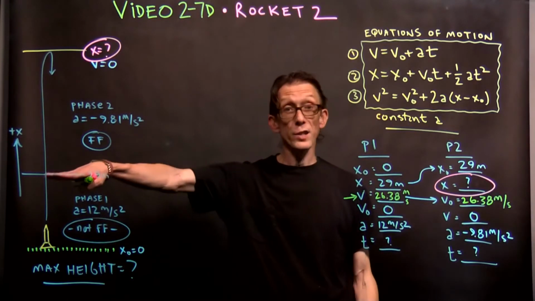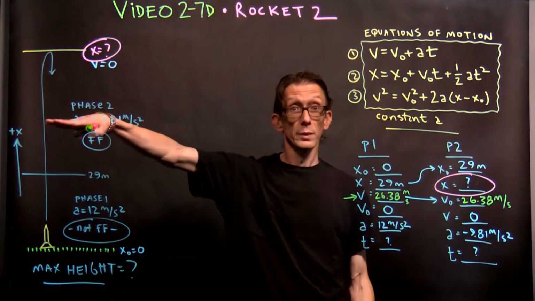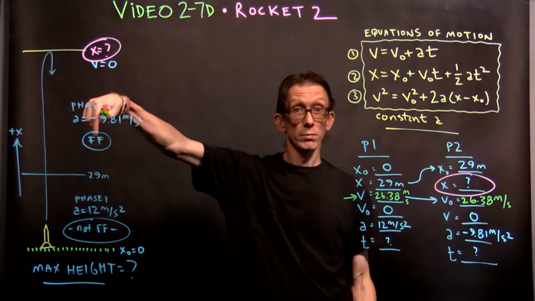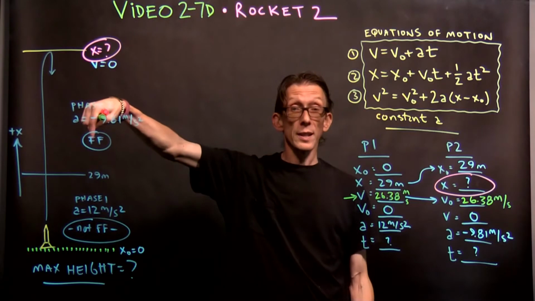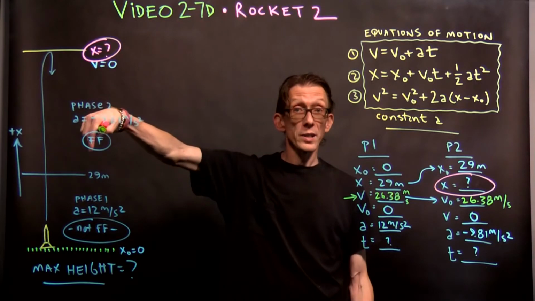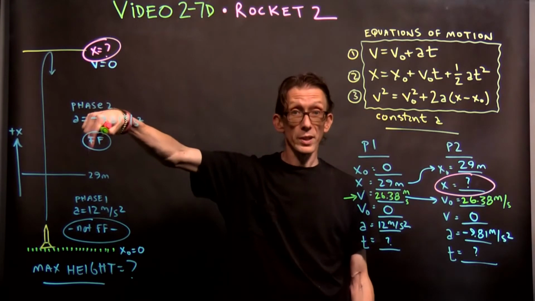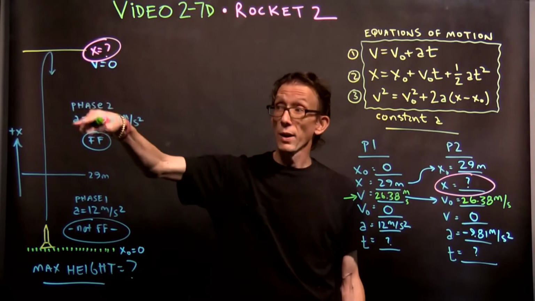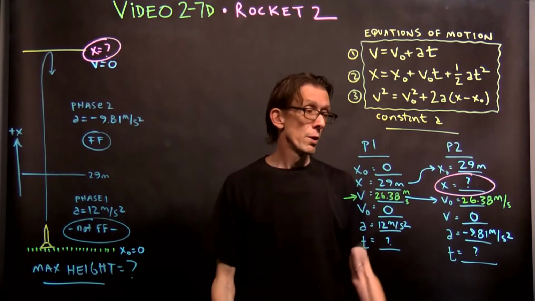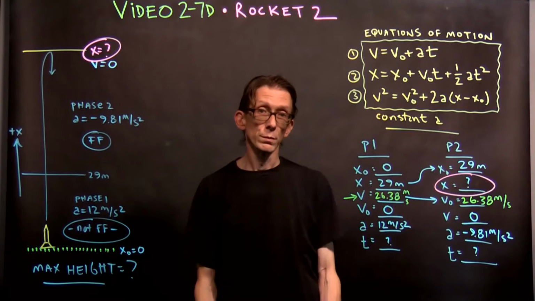In the second phase, the rocket's slowing down, remember? So its acceleration is downward. If an object is slowing down, that means its velocity is opposite the direction of its acceleration. So its acceleration during the second part in free fall is down. We know 4 things.